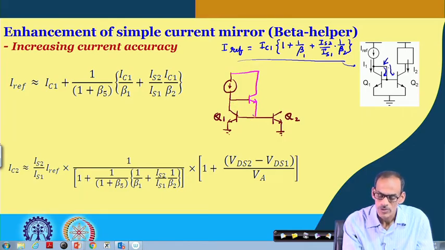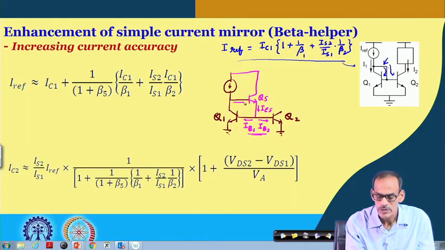So, if the base currents here are IB1 and IB2, which is the emitter current of this transistor, let me call this transistor 5. IE of transistor 5 is the summation of these two currents.